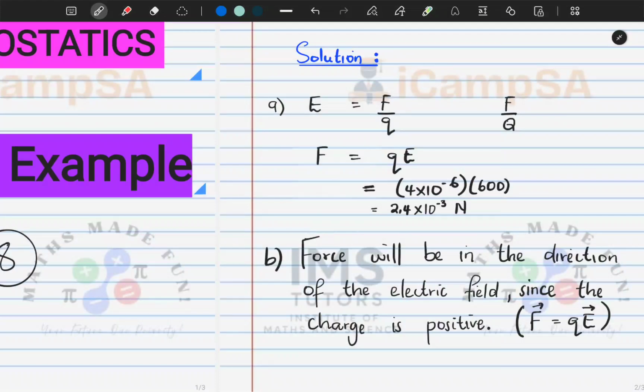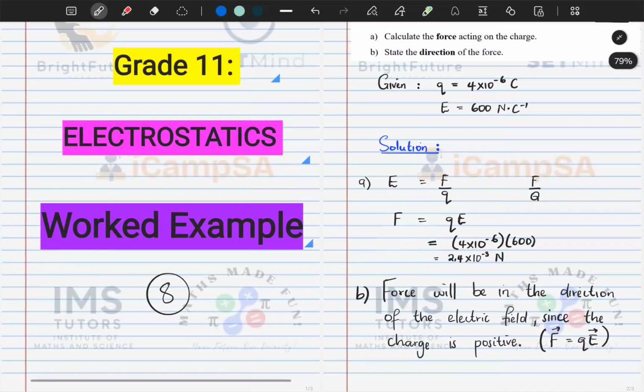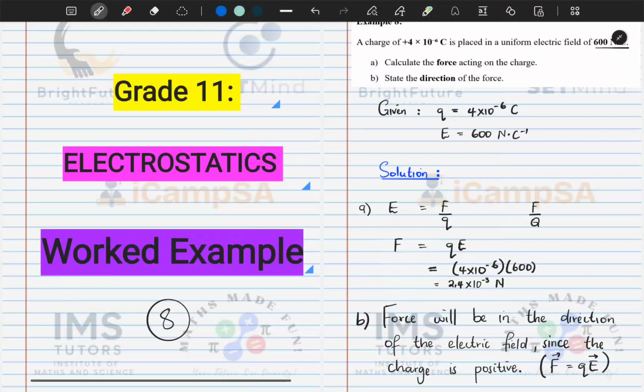That's the main difference between a negative charge and a positive charge, and how that influences the answer to our question B, the direction of the force. So if the charge Q was negative, we would be sure that the force will be in the opposite direction to the electric field, because it's a negative charge. That's all there is to it.